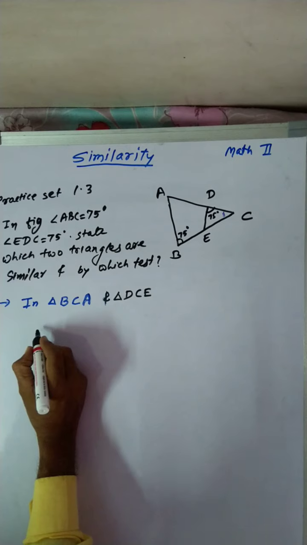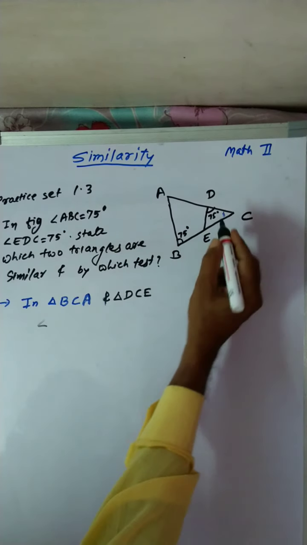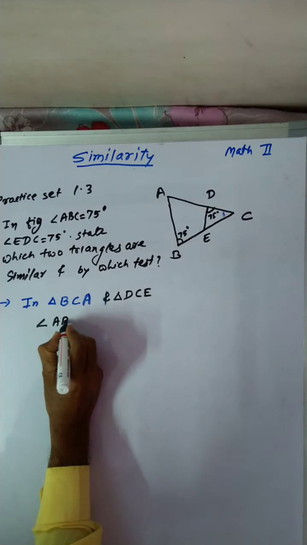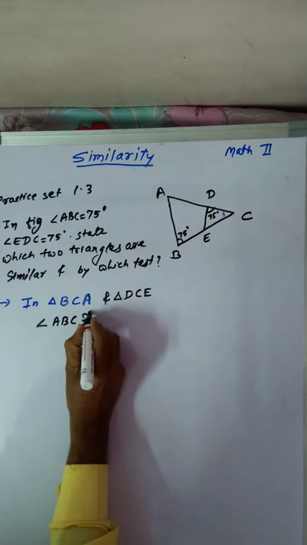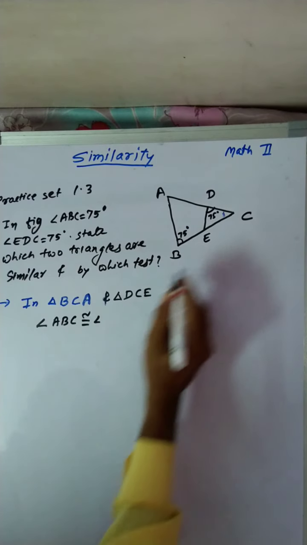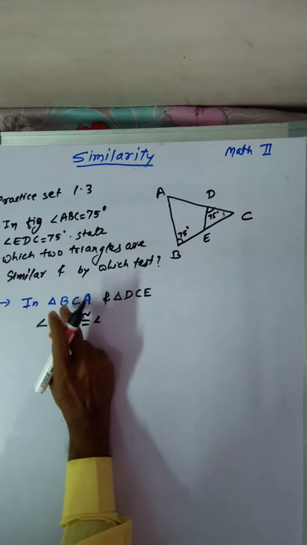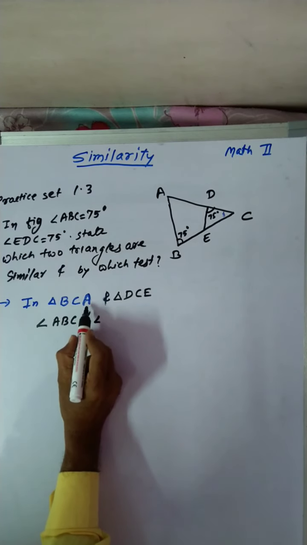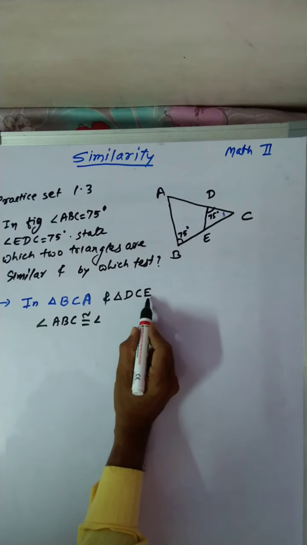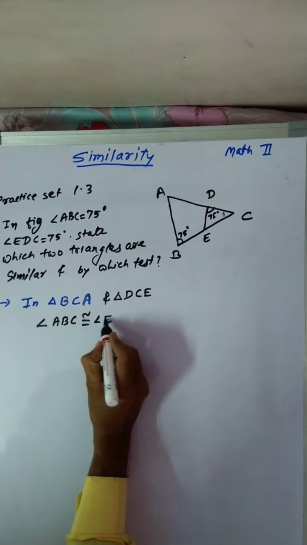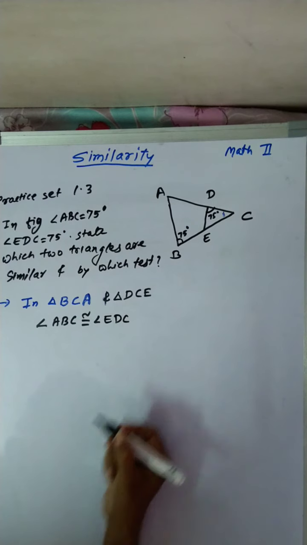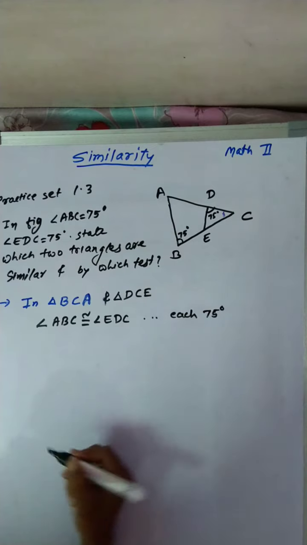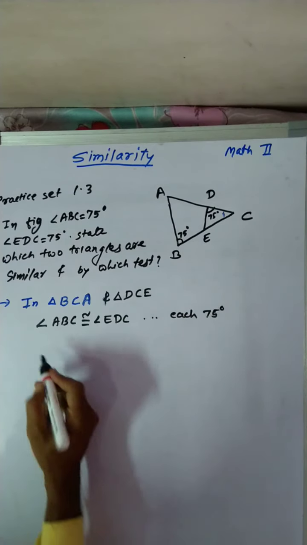Okay, which angles are congruent? Angle B and angle D are congruent. Angle ABC is congruent to angle EDC, from this one-to-one correspondence, first and third, which is each 75 degrees, given.